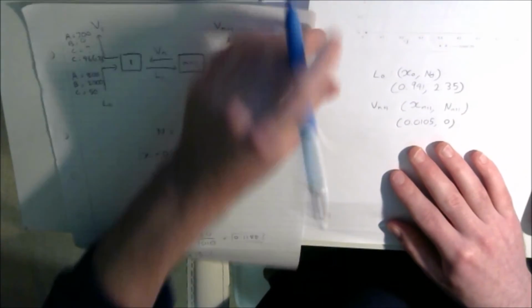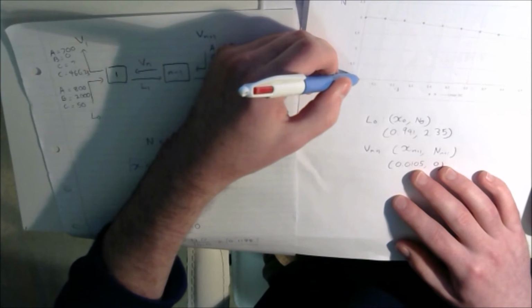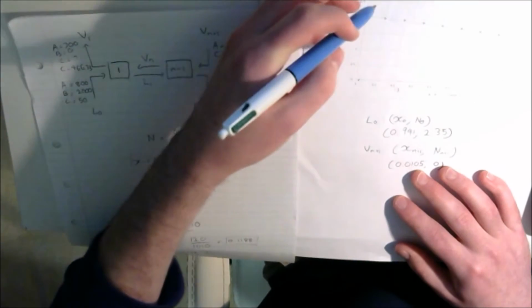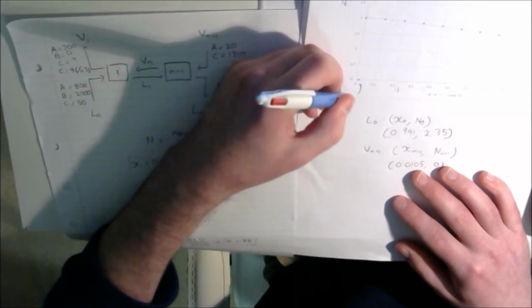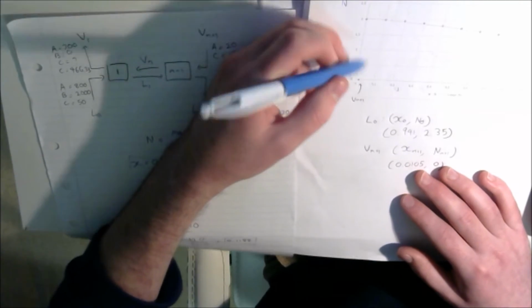I'll just scroll up a bit. It's just across from our origin, and we know that L0, our starting point, and our Vm plus 1 are going to lie along a straight line. They're going to be connected together.